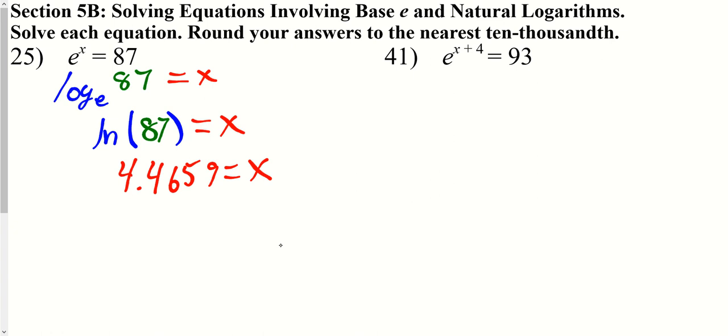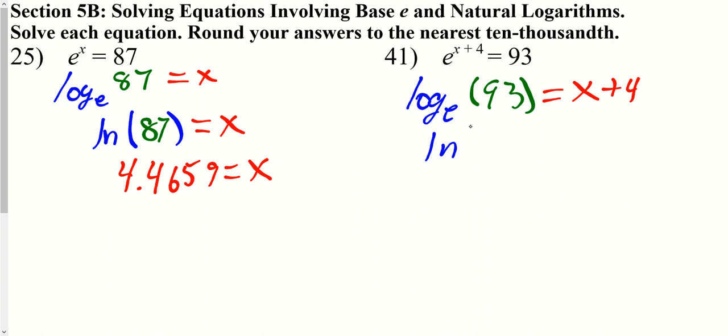Looking at problem 41, the top right one here, you have your part with the exponent on one side by itself, so you can just use your definition of the logarithm. We can go log of our base of e of our 93 is equal to our exponent. Now remember that log base e we can just write as a natural log of our 93 is equal to our x plus 4.